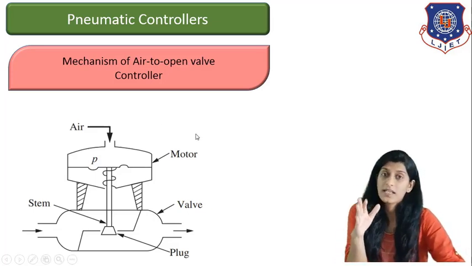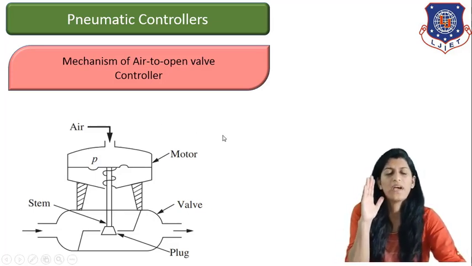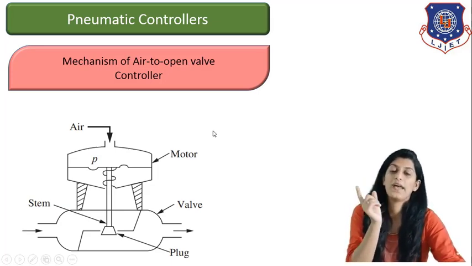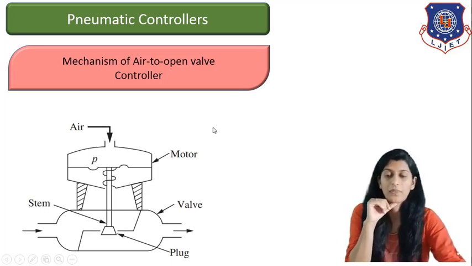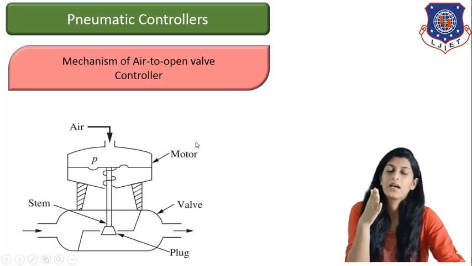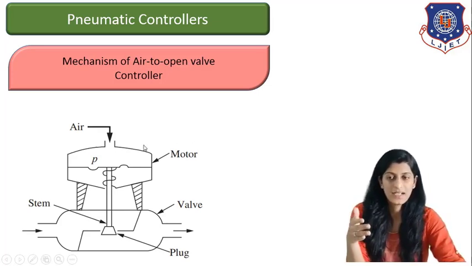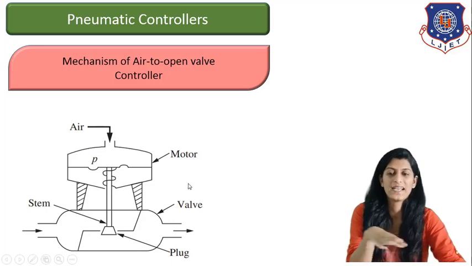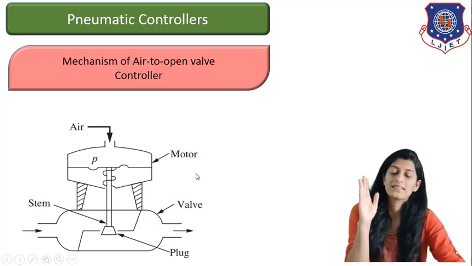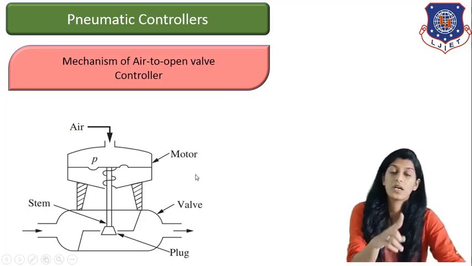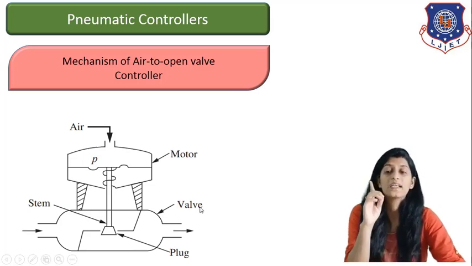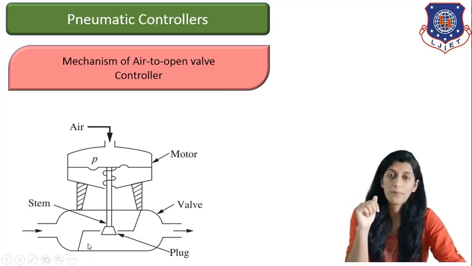In the first instance, it looks exactly similar to the air to close valve, right? It is correct to some partial extent, as all the components are the same as those of the air to close control valve. The only difference is in the positioning of our plug.